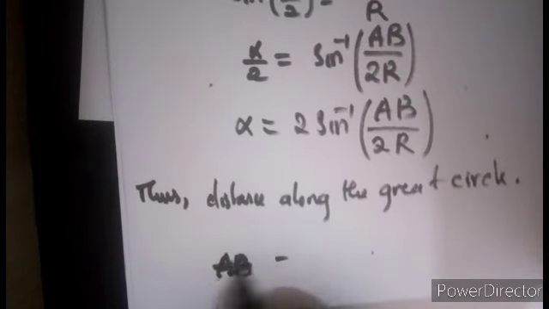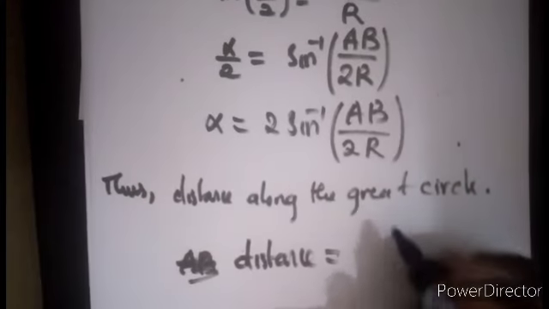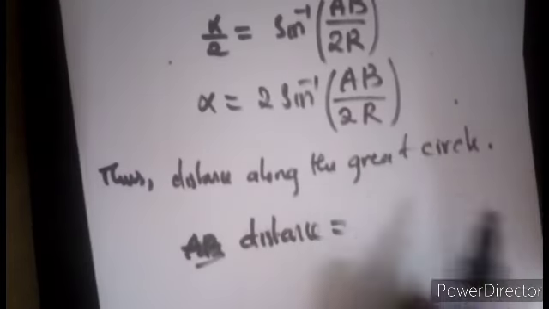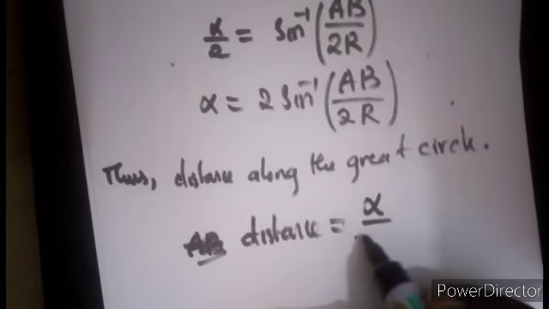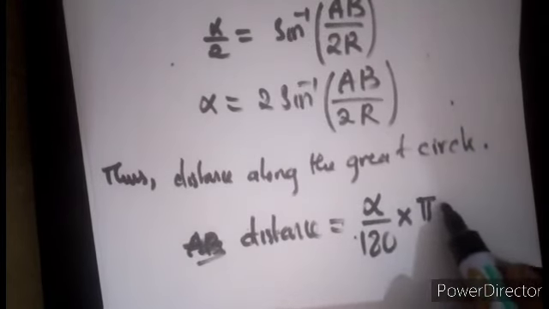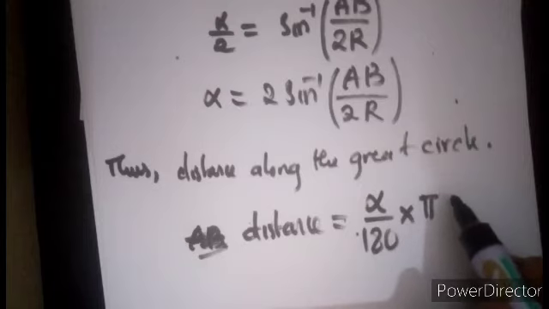Distance is equal to this angle here, theta, all over 180 times pi r, the radius.